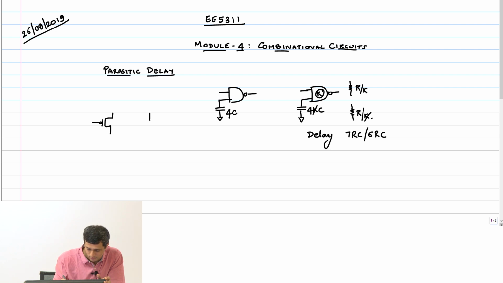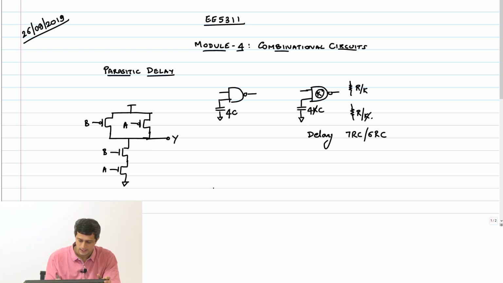So if I have inputs A, B, then the parasitic capacitance is 6C, with sizes 2, 2, 2 and 2.